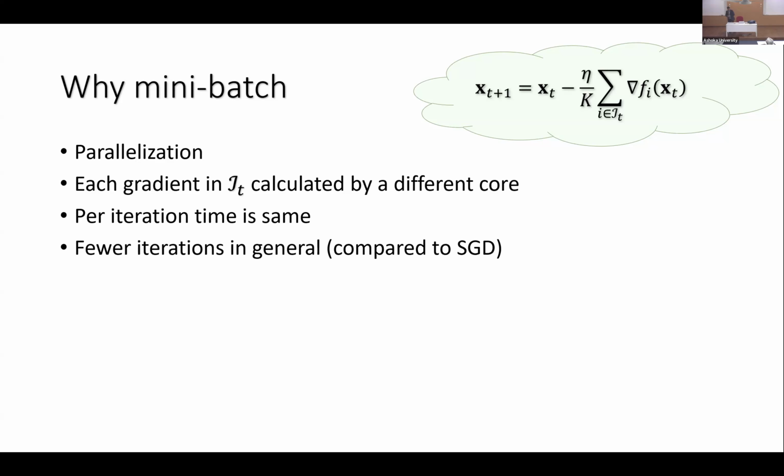Because the K, different data points. Yes, you update XT for all the machines. So maybe a central aggregator aggregates everything and sends back to the machines.